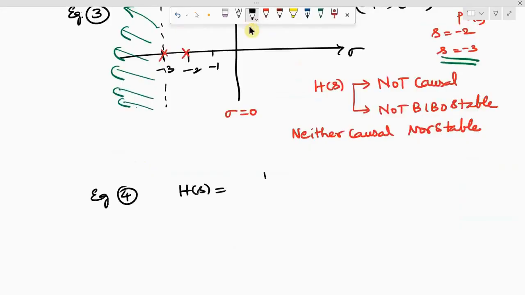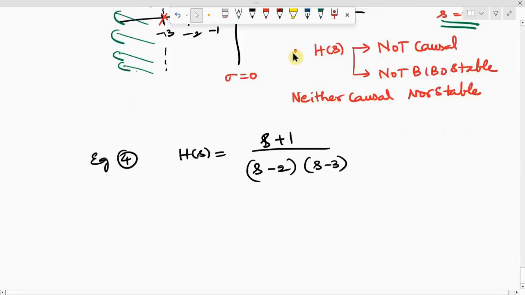H of s equal to 1 by, not always 1 by, you may have some polynomial, but the ROC is always defined by the poles. That's why I'm not bothering about the zero locations. Or I can write s plus 1 by k, no problem. s minus 2 into s minus 3.